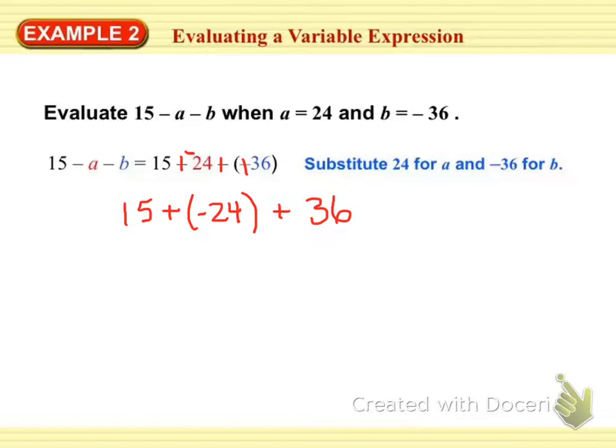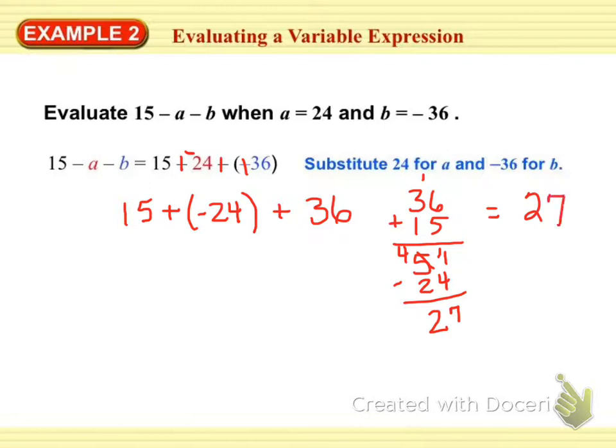I would rather use the commutative property and move the 15 and the 36 close to each other so I can do 36 plus 15, and then have a positive 51 plus a negative 24. Unlike signs, so I subtract the 24, or find their difference. Then I look at which one had the higher absolute value, and it was my positive integer, so the sum is a positive 27.